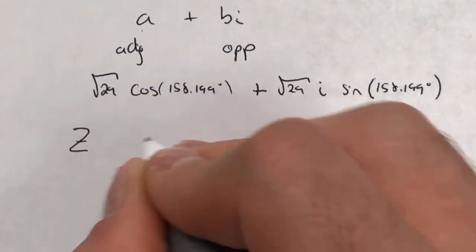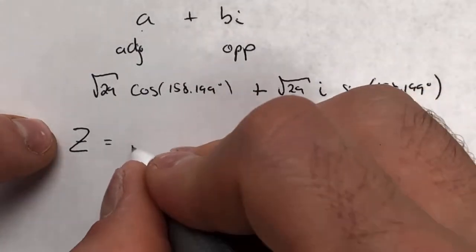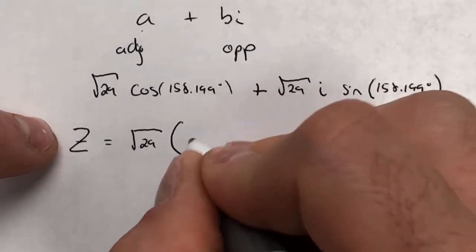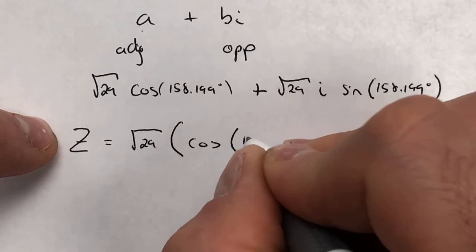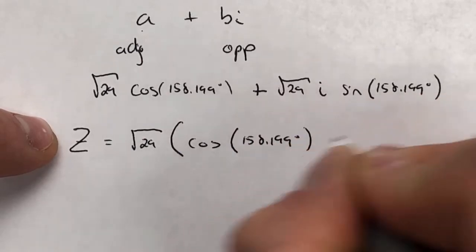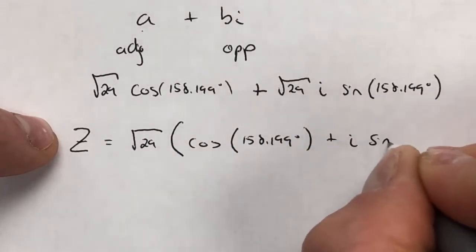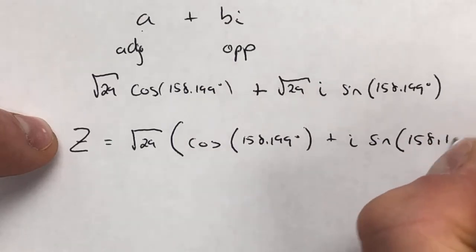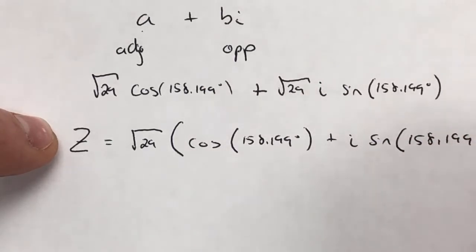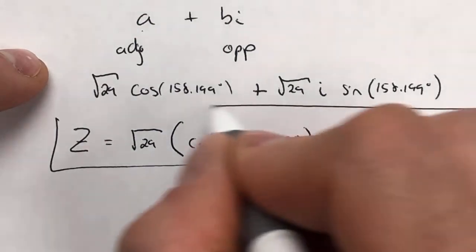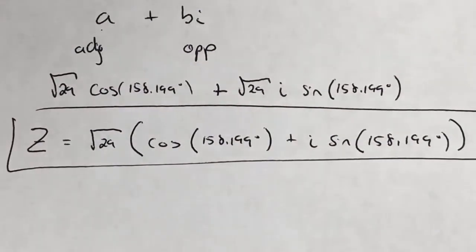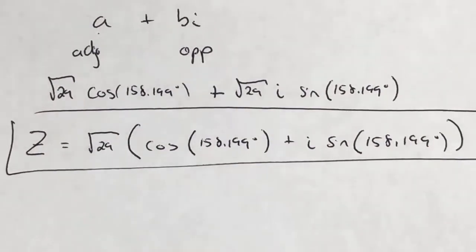So trigonometric form, denoted by z, is root 29 cosine of 158.199 degrees plus i sine of 158.199 degrees. And there we go. So that was number 12.